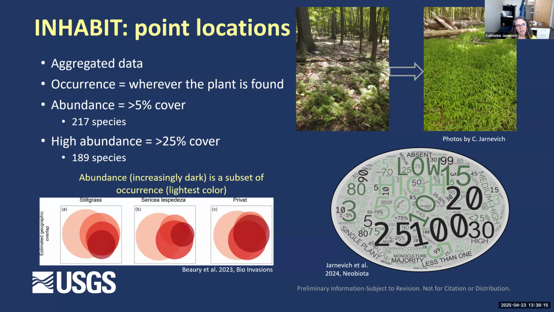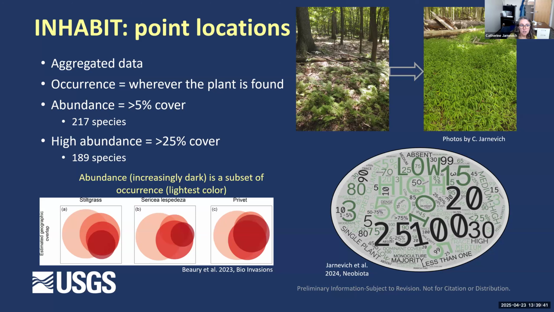With this data, we couldn't really fit a true abundance model to predict how much of something is on the landscape, but we could categorize these into: the species just is found there, so it occurs, or we could say it's abundant. So we took any category that we could map to saying it's greater than 5% cover on the landscape. And then we came up with another category that we call high abundance.